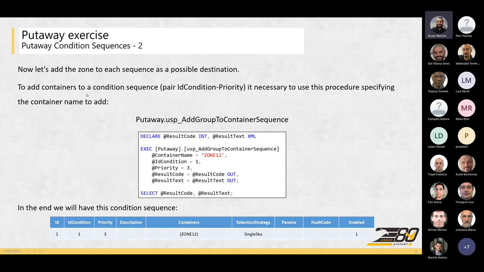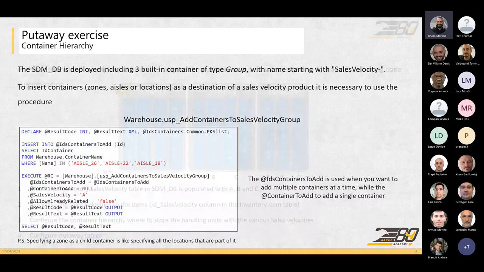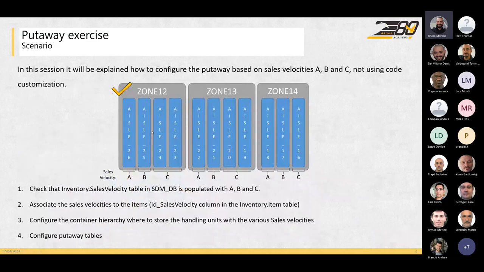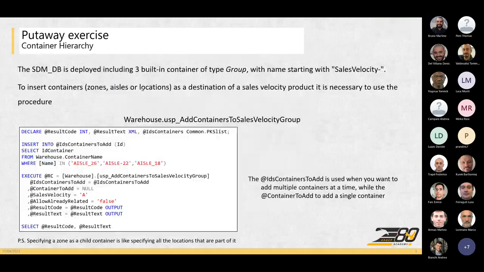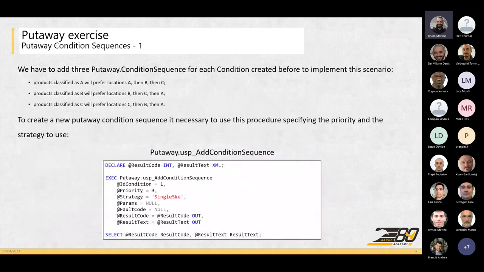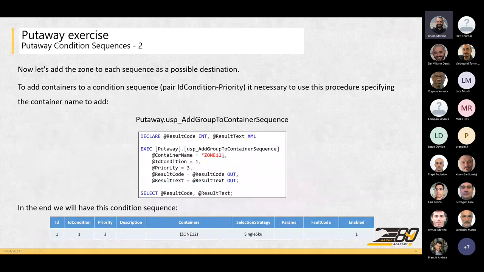What we have to do in this case is to use the add group to container sequence. In this procedure, we have to define a container to add. In this case, as I showed you before, we have these ILE that have been added to the sales velocity groups, but we have also a zone 12 to respect. So we go in every condition sequence and we add zone 12.